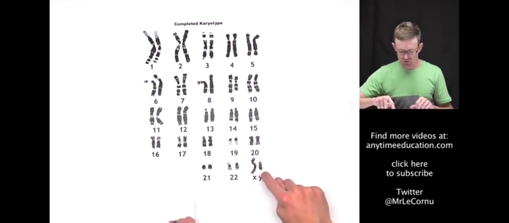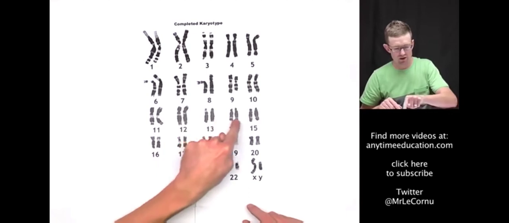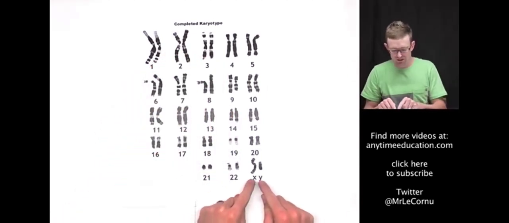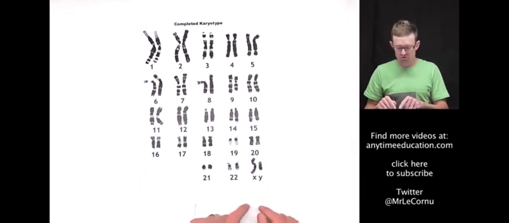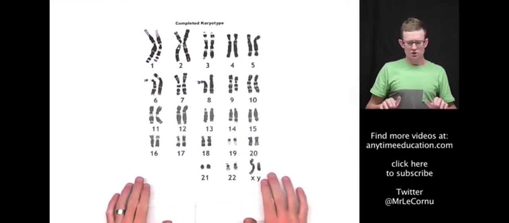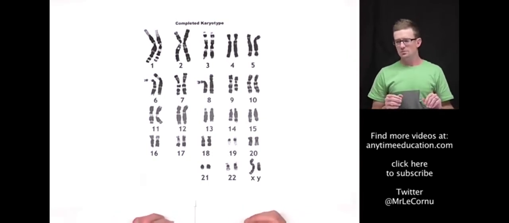Notice they're the only two that don't look identical to each other like all of the rest. All of the rest are identical pairs. In males, the sex chromosomes are one X and one Y. In females, they have two X chromosomes. So, 23 pairs of chromosomes make up our human karyotype.